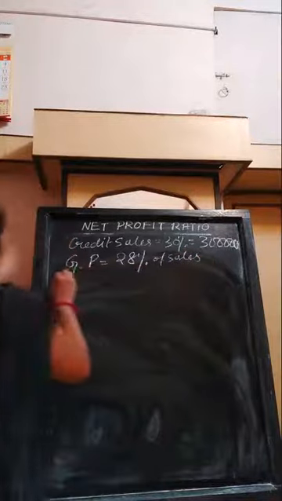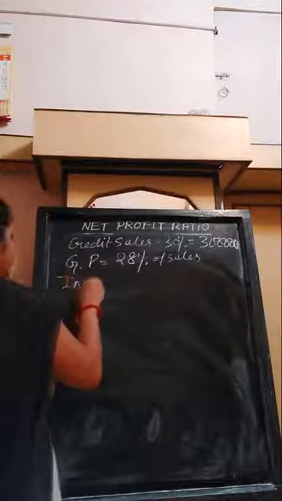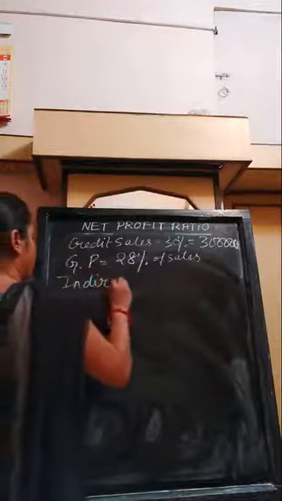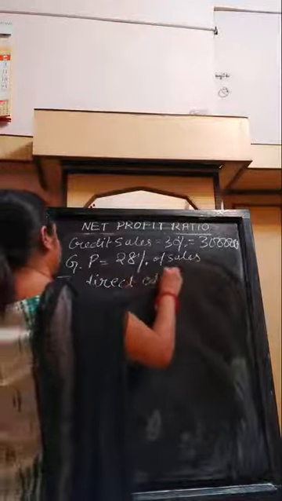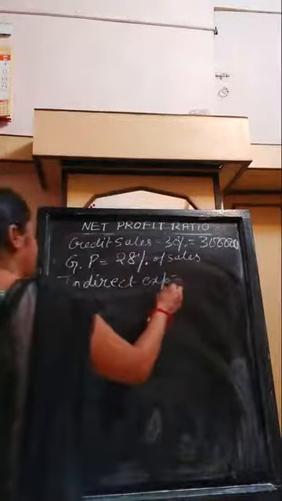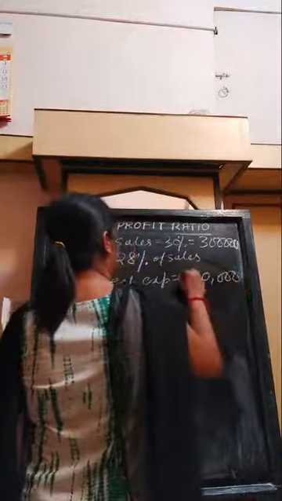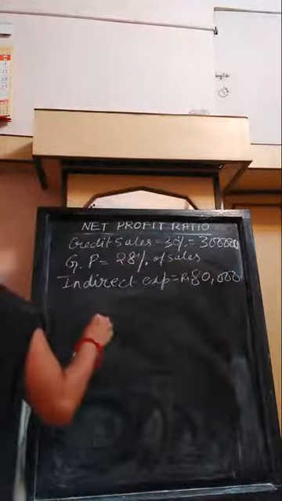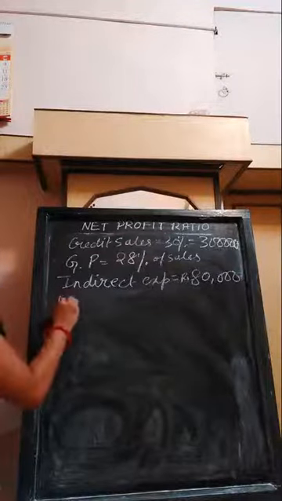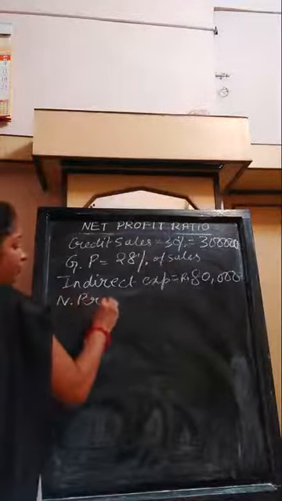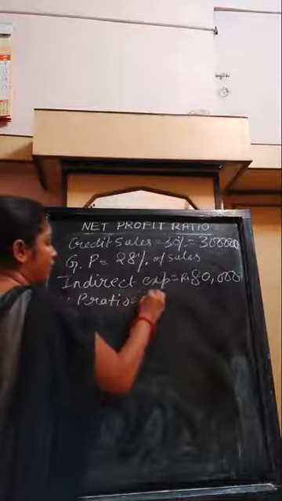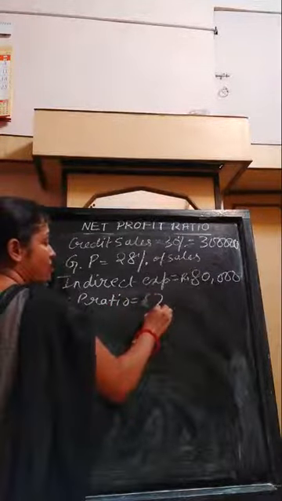And indirect expense is given to you, that is rupees 80,000. You have to find out the net profit ratio with the help of this sum.